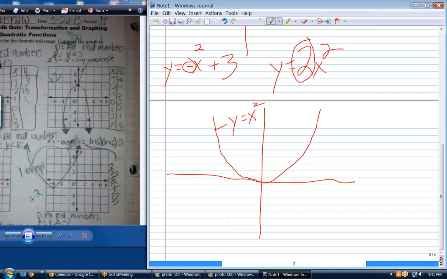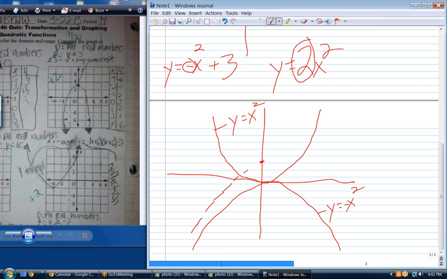The x. Right. So if I graph this, that's y equal negative x squared. What's the consequence of the plus 3? It goes up 3. Right. So I would start after the reflection, and then I would go up 3, and my new curve is this dotted curve. So if I'm describing how that's different from y equal x squared, what am I going to say?